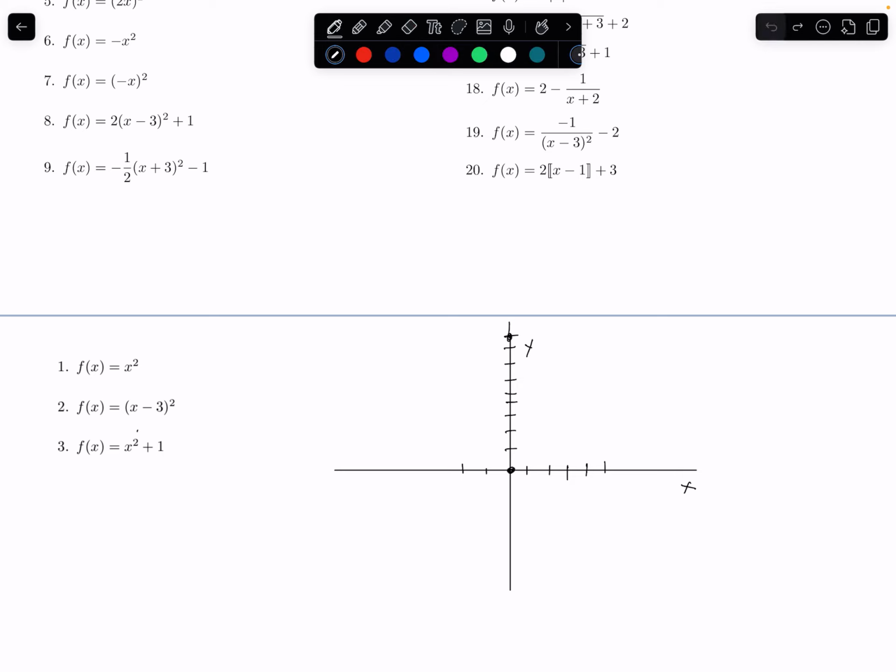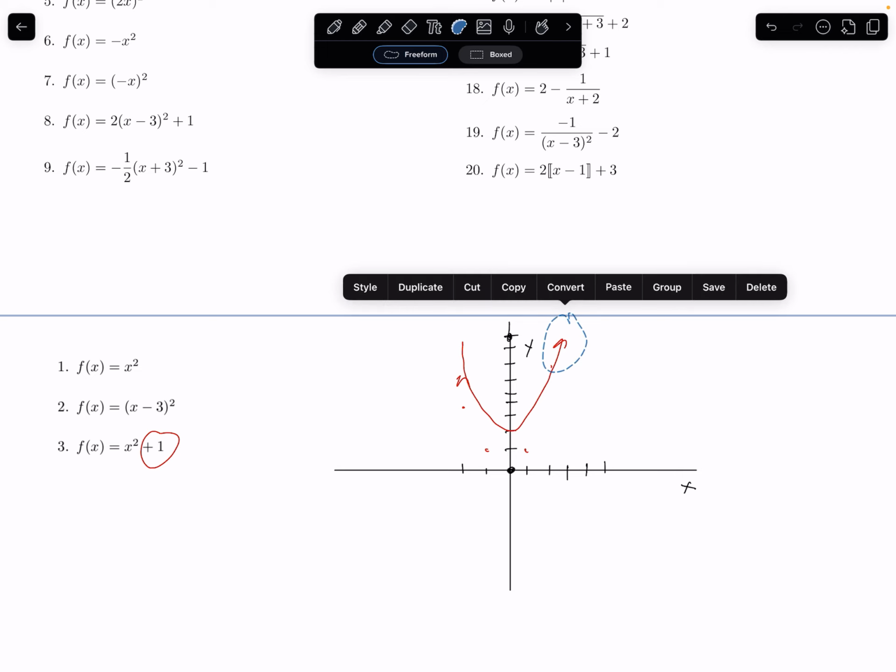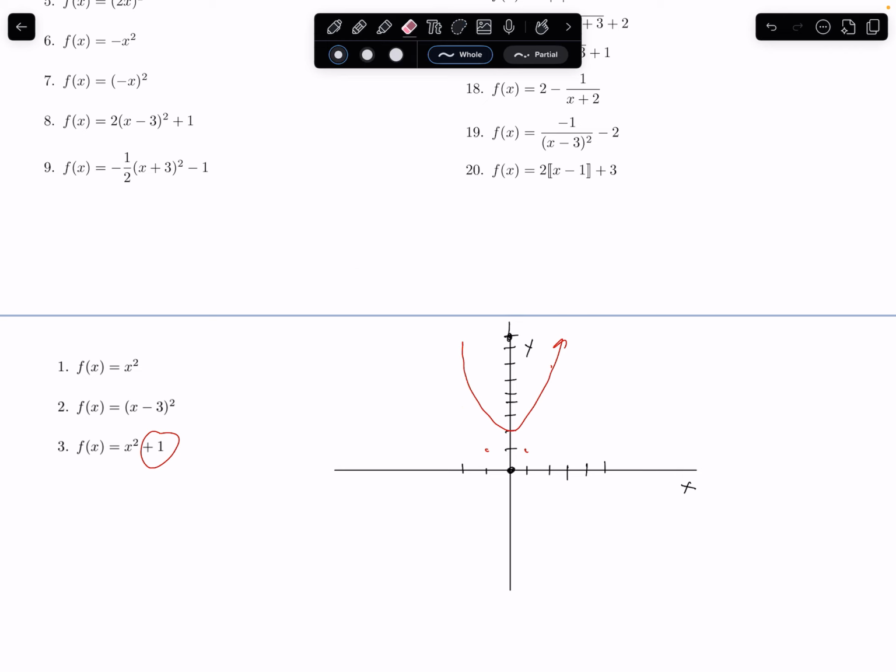You have x squared, that's the original function, and then you're just adding 1 at the very end, right? So adding 1 at the very end takes your whole graph, mind you, just what that graph originally looked like. I shouldn't have erased that one. Something like this, right? And then all I'm doing now is adding 1. So adding 1 just moves everything, all the y values, up by 1. So simple, very simple. It's just shifting up. So that is your new position there.